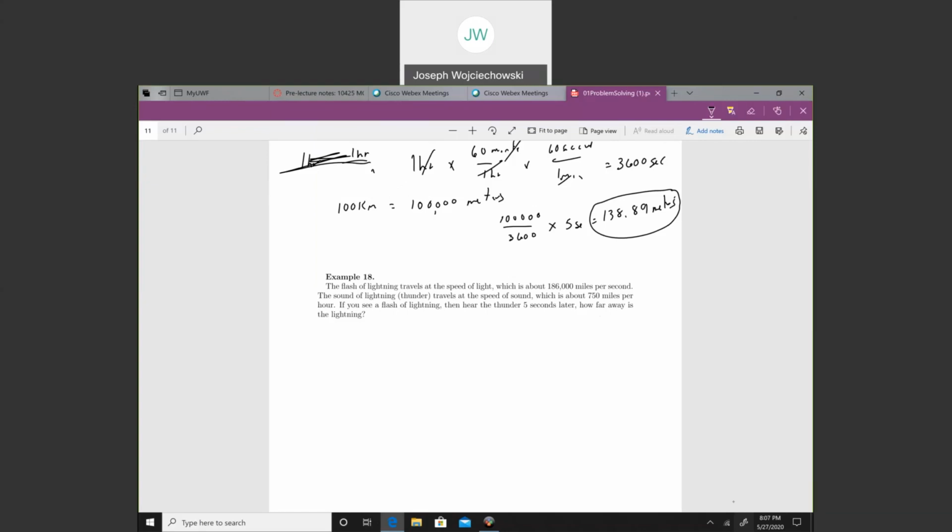Basically, what we need to find out is how far sound travels in 5 seconds. As we calculated up here, there's 3,600 seconds in an hour.